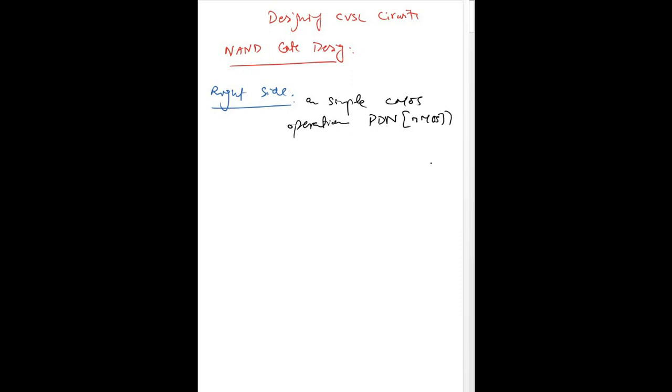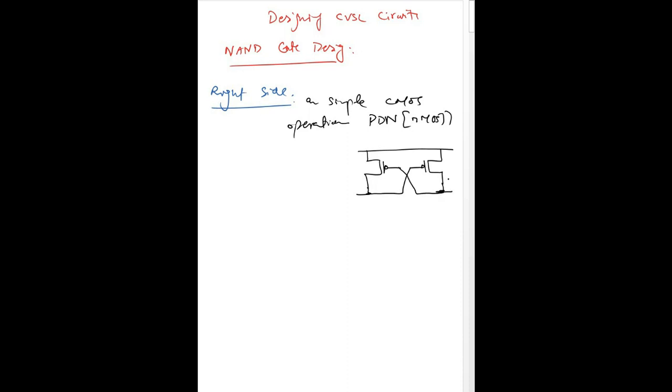So if I draw the right side, let me draw the upper portion first. We have one PMOS here, we have one PMOS here. Similarly we have one output at this node and one output at this node. This one is connected to this point here, and this one is connected to this point here.